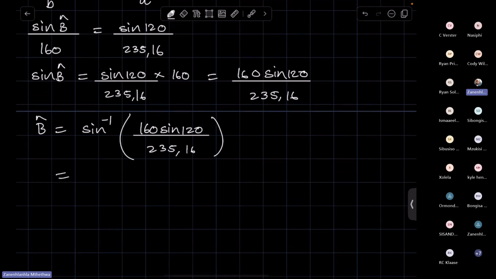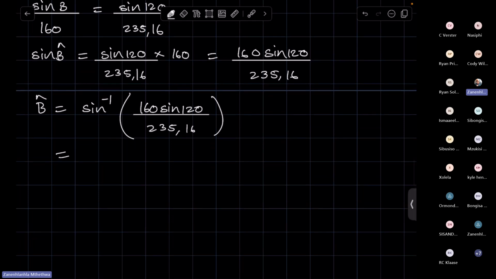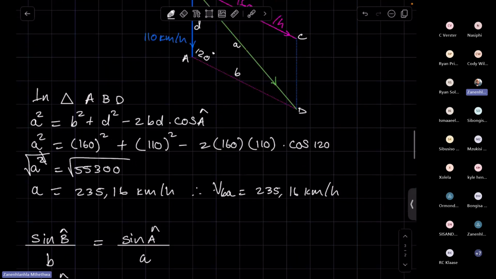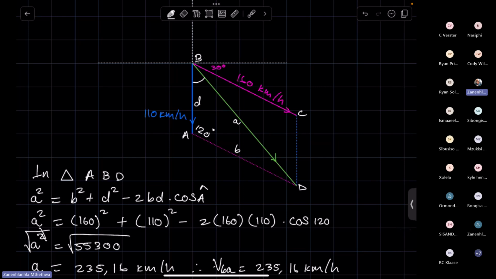What is the arcsine of 160 sine 120 divided by 235.16? 36.103 degrees. That is B. So that is this angle.